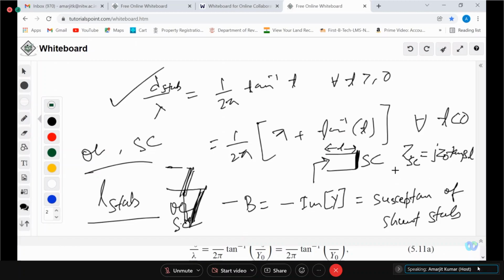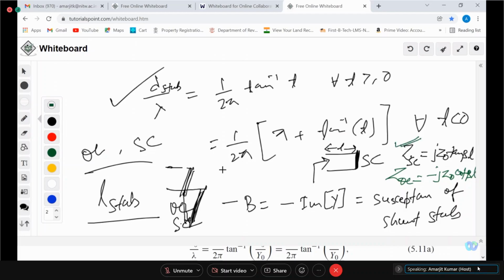Minus j Z0 cot beta L. This is the impedance.